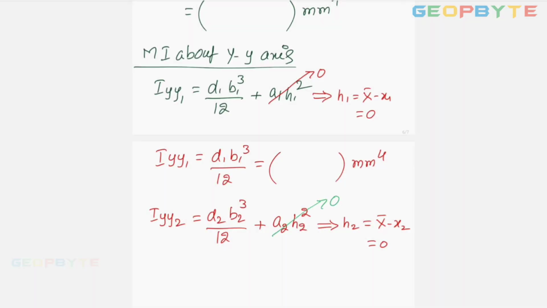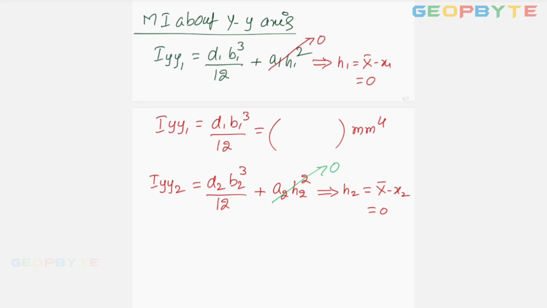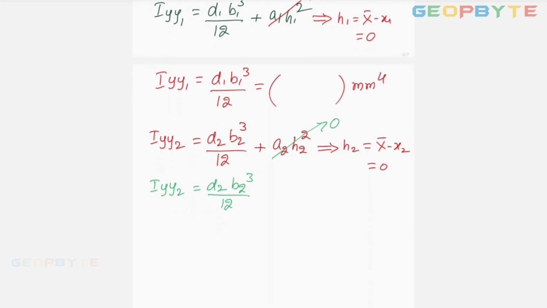If this part is becoming 0, then Iy2 equal to d2 b2 cube by 12 only. The remaining part is 0. You substitute all values for getting in mm power 4.